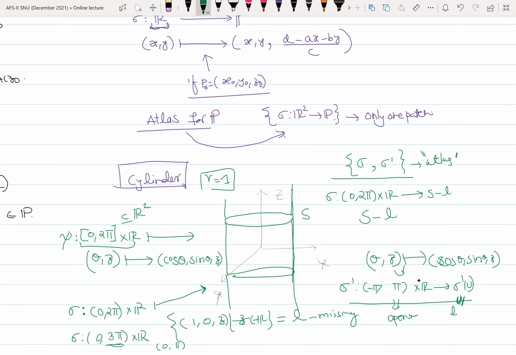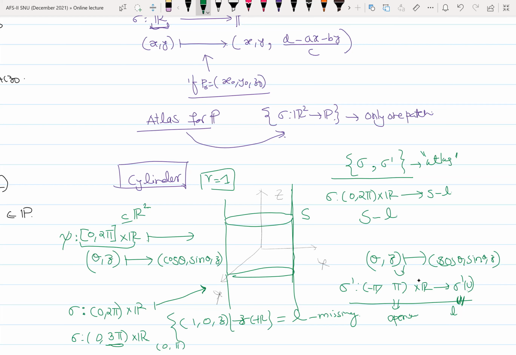Now one question to you: can you cover the entire cylinder with one patch? Is it possible? Here I gave you a cylindrical coordinate, and then I gave you two patches, because with a cylindrical coordinate you cannot have one single patch.